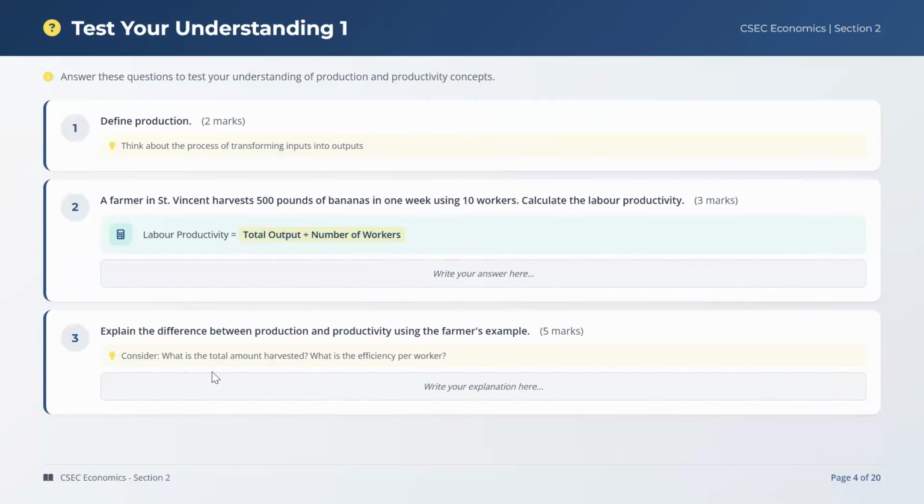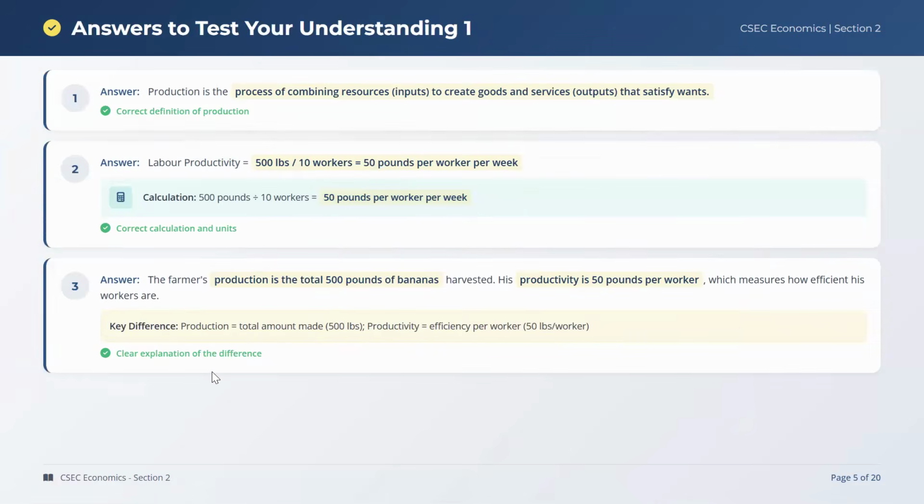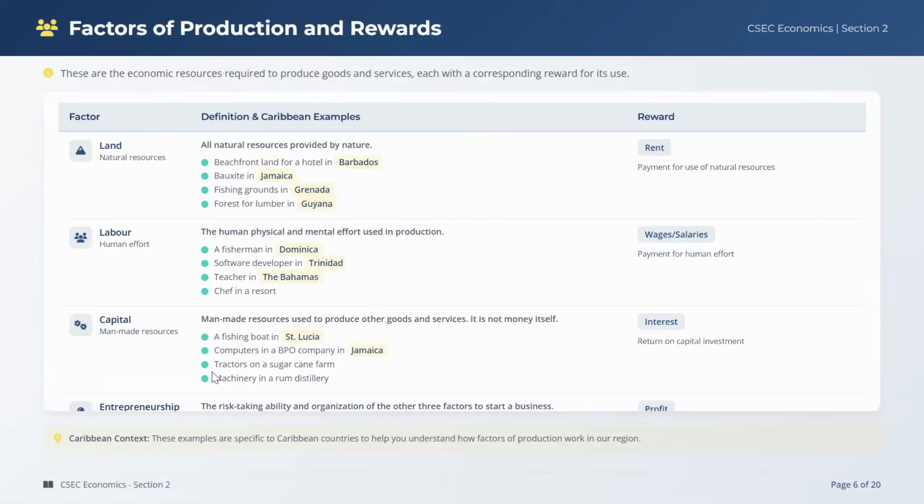Right. So some of this you would have done already. You know the difference between production and productivity. You know land, labor, capital, and entrepreneurship.